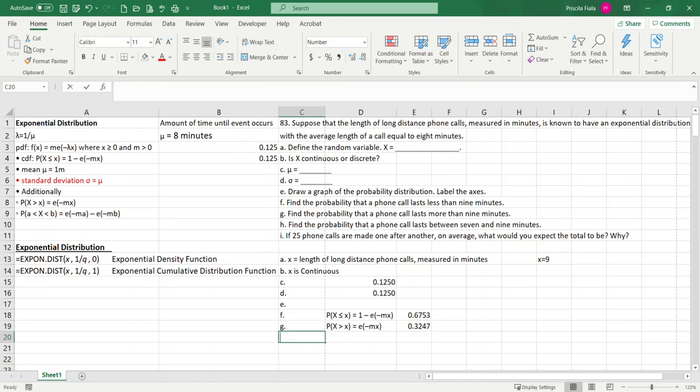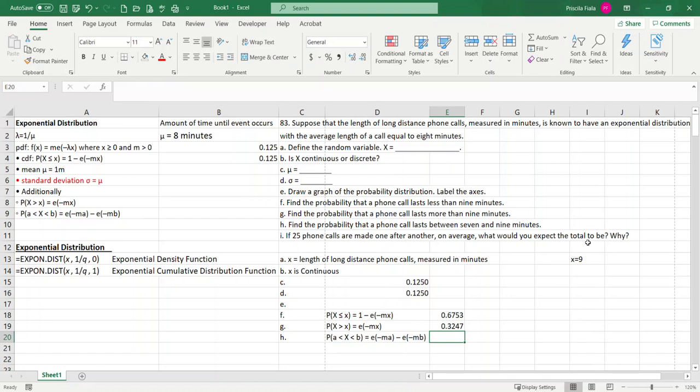And then H, find the probability that a phone call lasts between 7 and 9. Between is over here. So we're going to use this formula over here. Okay, so between 7 and 9. Let's make this bigger. So what we do is the exponent of a negative mean times my first x, which is 7, right?